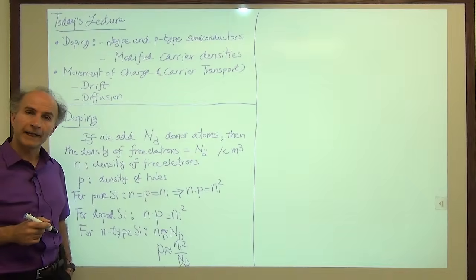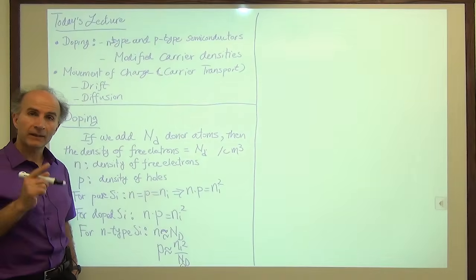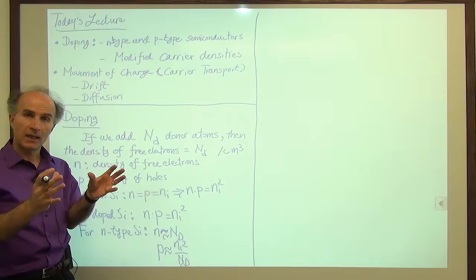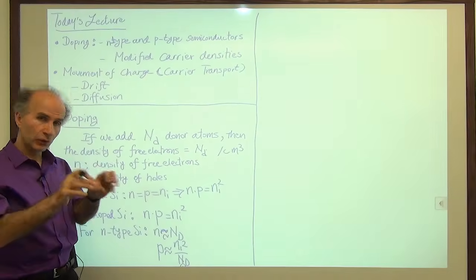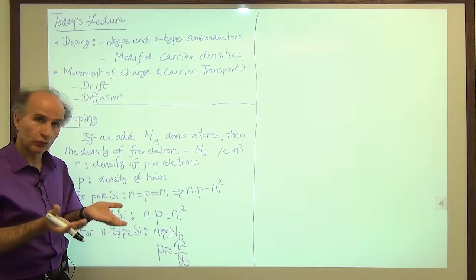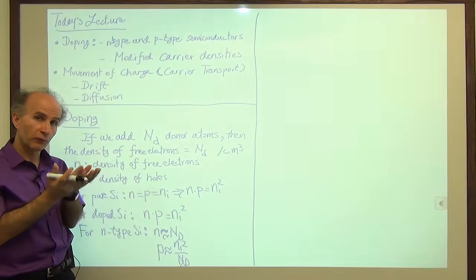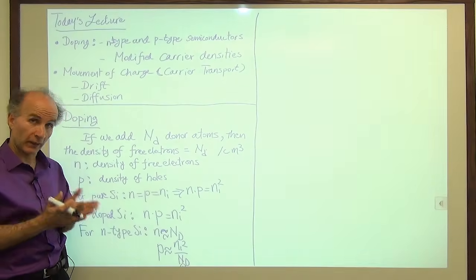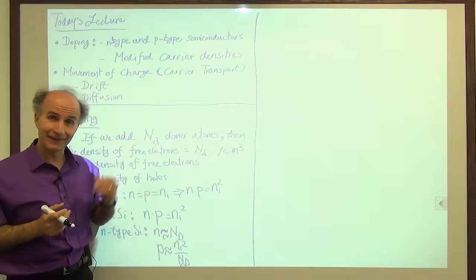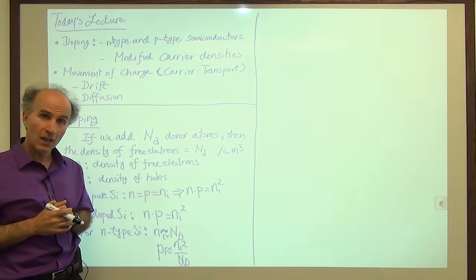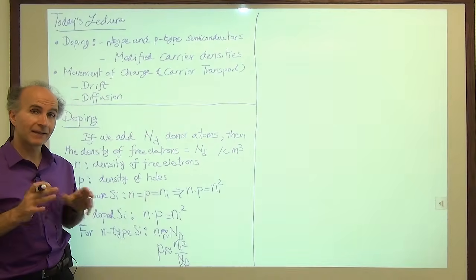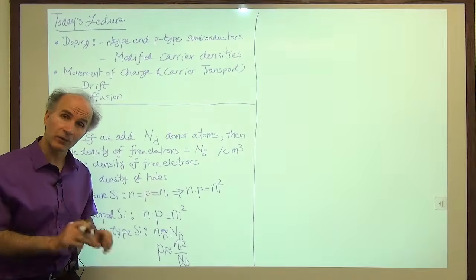So what does this say? This says that if I take a piece of silicon and we add donor atoms to it so as to raise the density of free electrons by a large amount, so we go to Nd per cubic centimeter, then what happens is that the density of holes actually goes down.